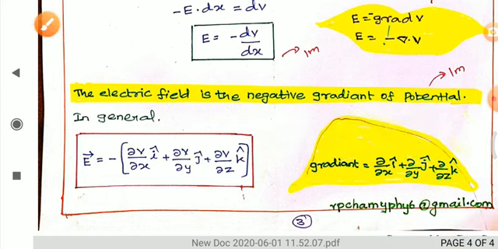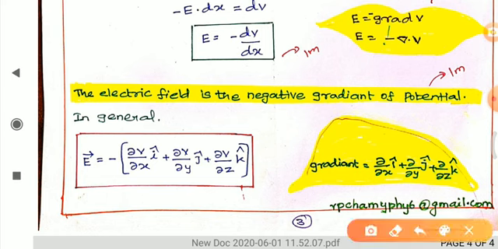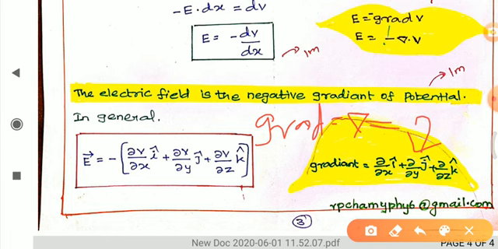So here we have to understand that gradient, otherwise grad, is equal to del, which is dou by dou x into i cap plus dou by dou y into j cap plus dou by dou z into k cap. Mostly it will be used to represent in the vector form.